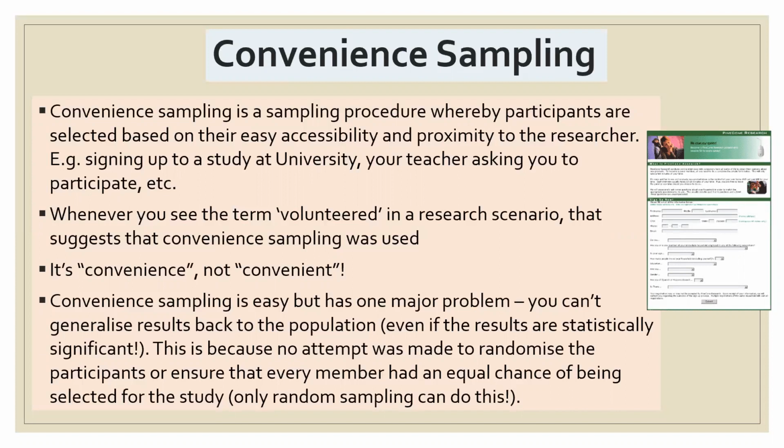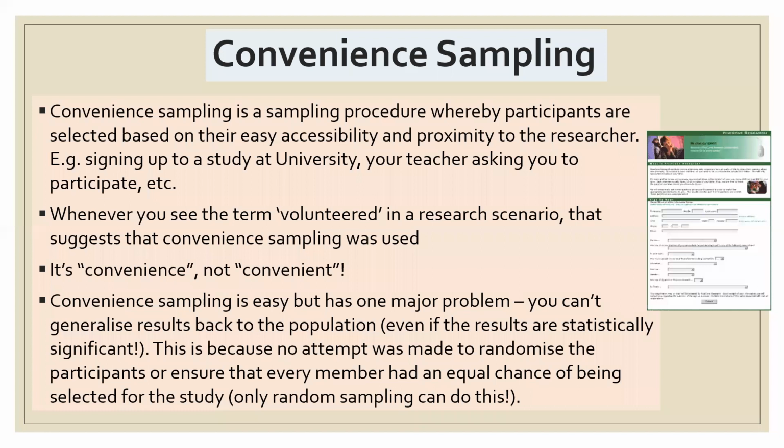Why? Because a convenience sample is never a representative sample. What that means is the people in the sample have not been randomly selected. They haven't been in a situation where everyone had an equal chance of being selected. It was just first come, first served.